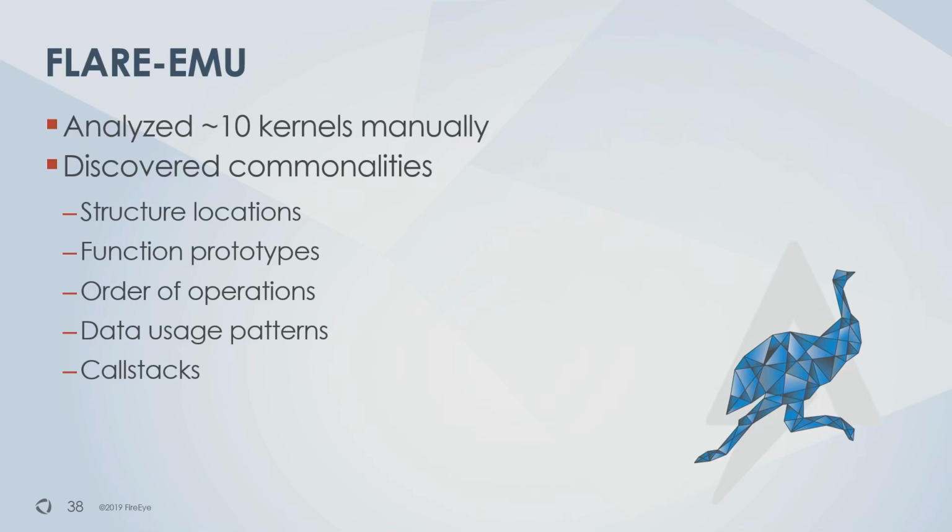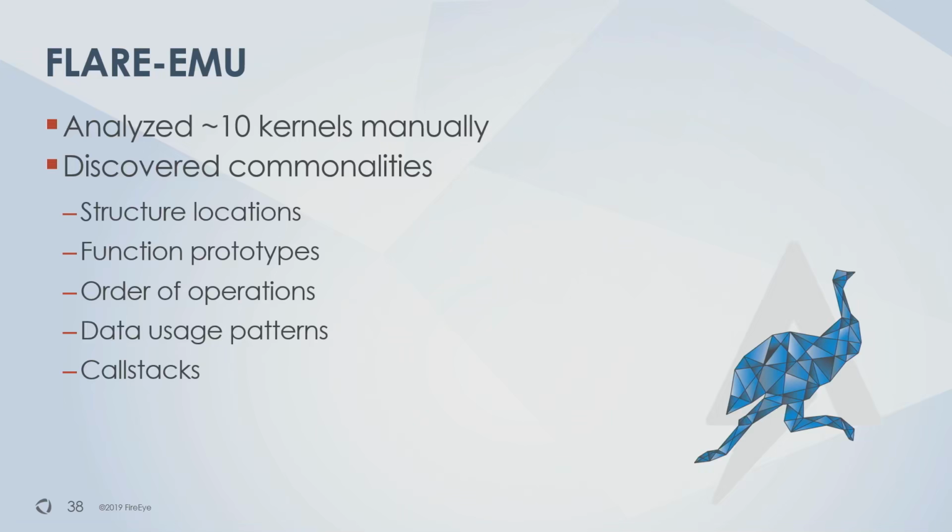The function prototypes also stayed the same. In other words, the structures or their fields ended up being arguments to the same functions. If those weren't good enough, I could look at the order of operations. Sometimes data pulled in from a structure was accessed in a certain order, and that would remain constant.